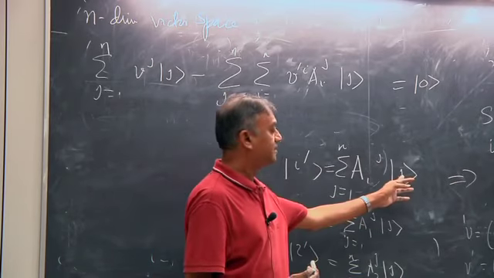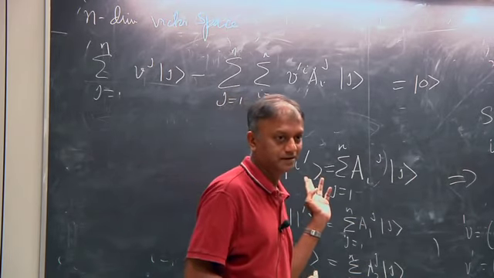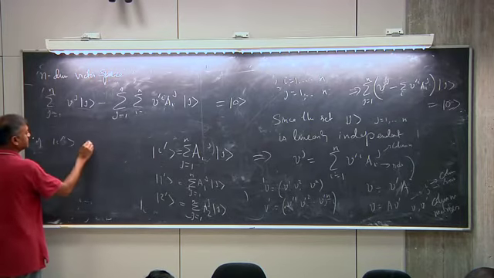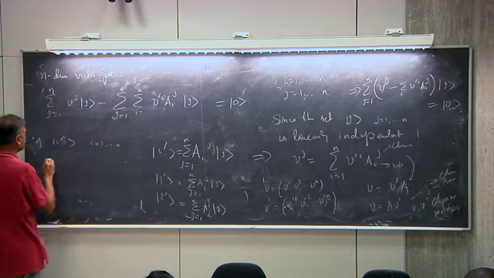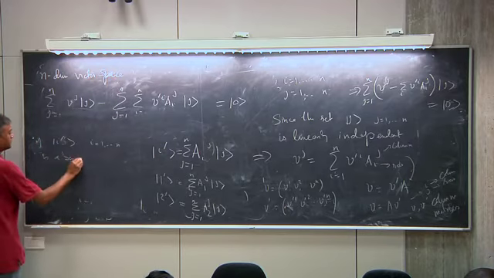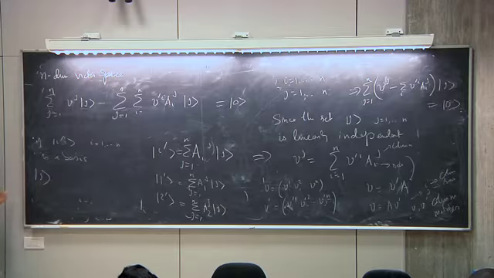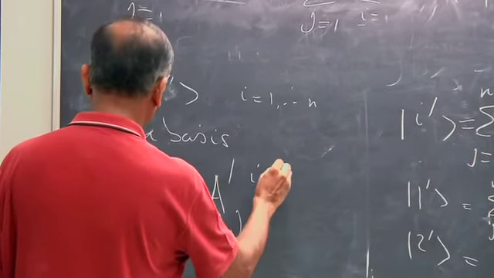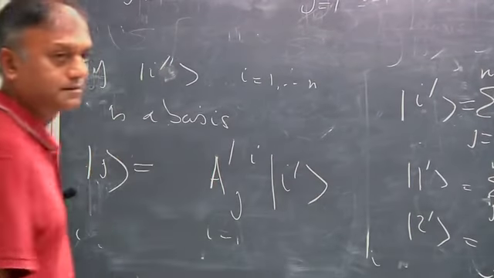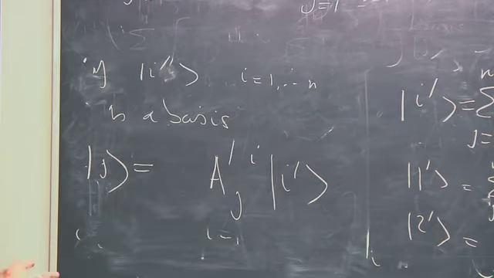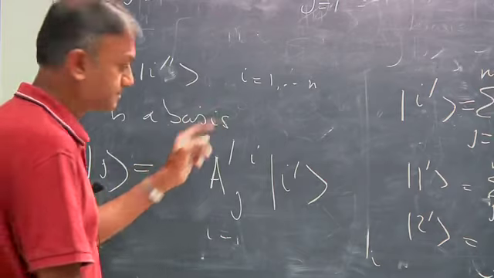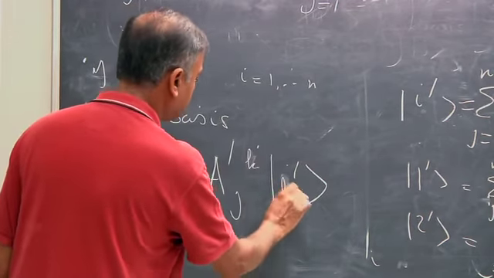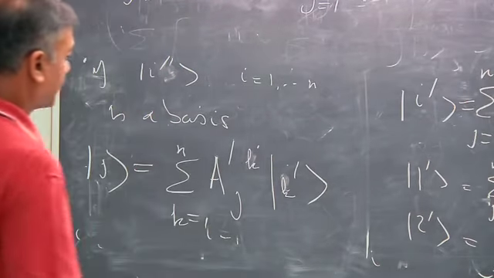Since all the i prime vectors, with i going from 1 to n, form a basis, I could expand the vector j as a linear combination, let's call it A prime j k, i prime k, where k is summed over from 1 to n.